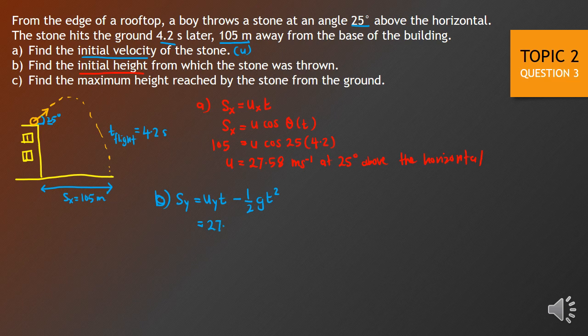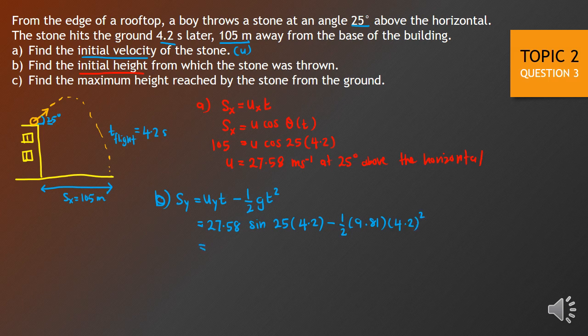So 27.58 sine 25 degrees multiplied by the time, which is 4.2 seconds, minus half times 9.81 multiplied by 4.2 seconds squared.